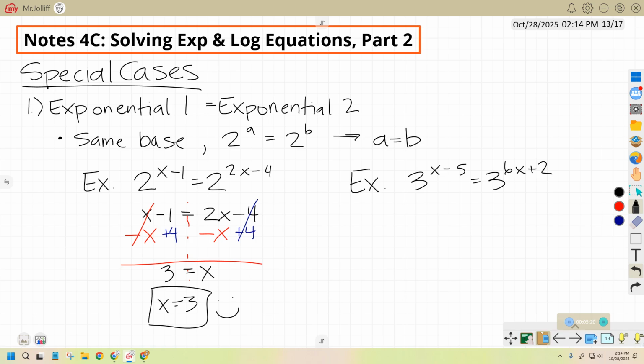And the bases of those exponentials are the same. Alan, what does that tell us? The bases are the same. What else do we know? Exponents are the same. Yeah. So x minus 5 must be the same as 6x plus 2.